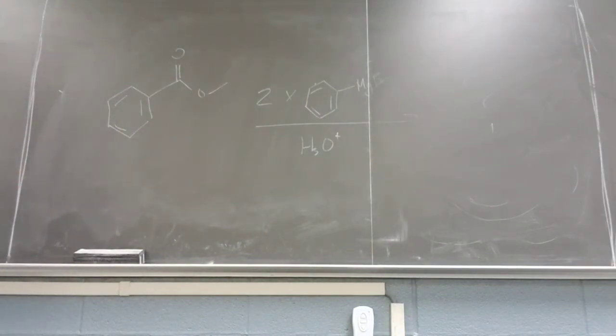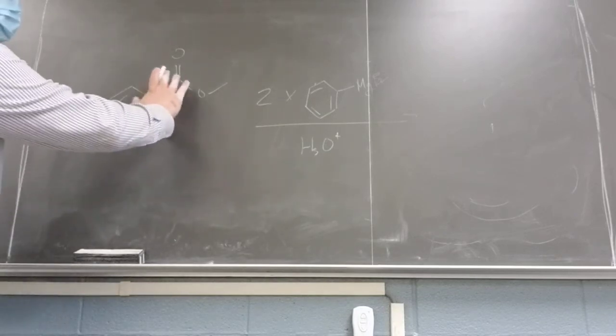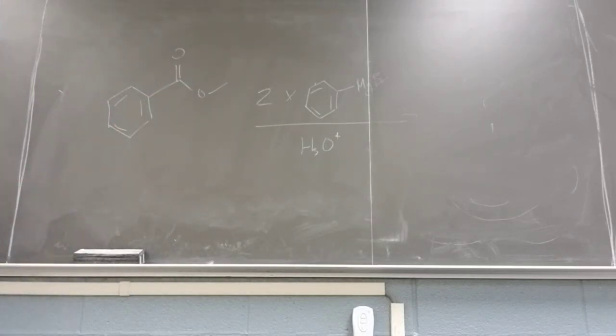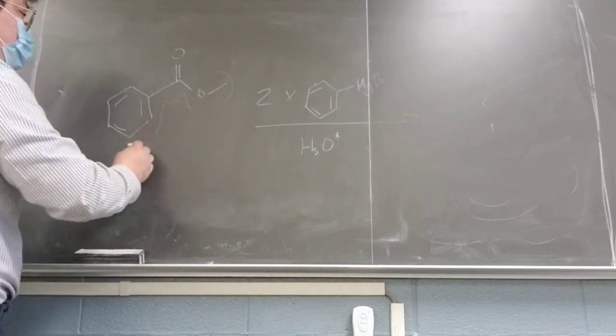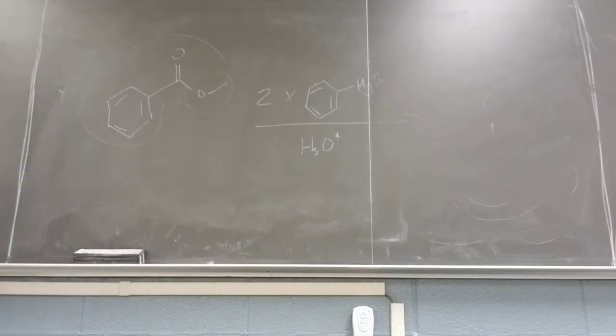This is almost the same as what we did for the acid halide form today, but just a different group here, which is the ester group as a whole, but it's pretty much the same.